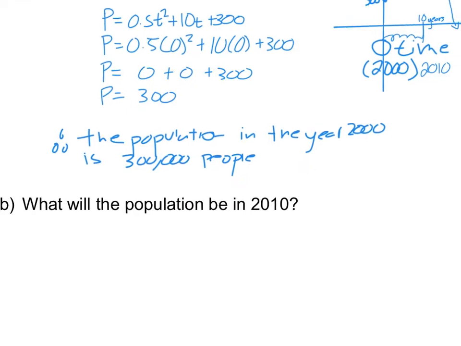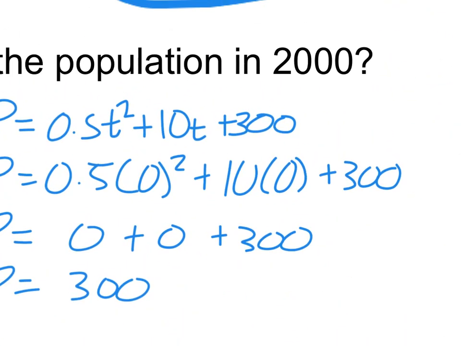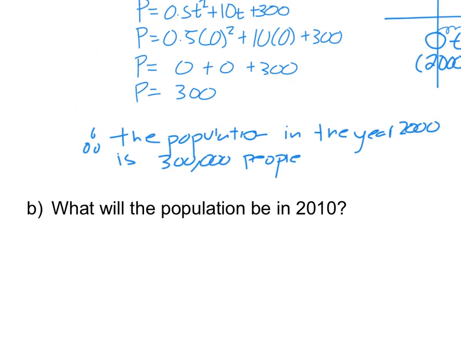So I'm just going to do the exact same thing that I did above, but instead of replacing time with 0, I'm now going to be replacing time with not 2000, that's just 2010, that's just a year, but the amount of time that's passed, which is 10 years.